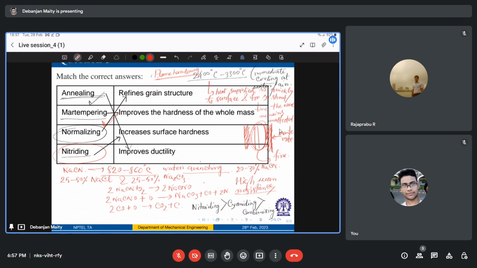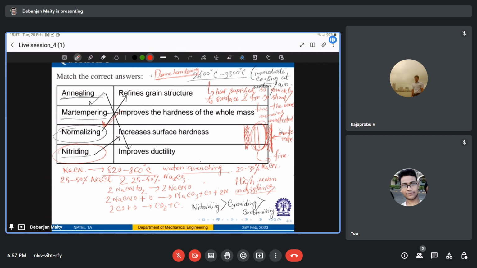So in induction hardening, the process is of course employed to increase the hardness, wear resistance, and endurance limit of the surface of the workpiece. This heat treatment is given to the surface only by supplying excessive heat to the surface, followed by drastic quenching.